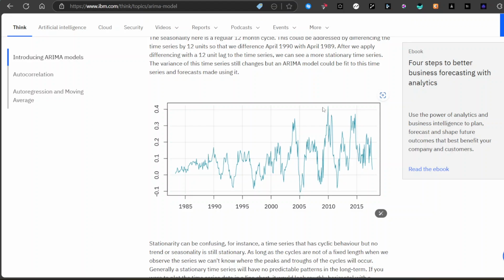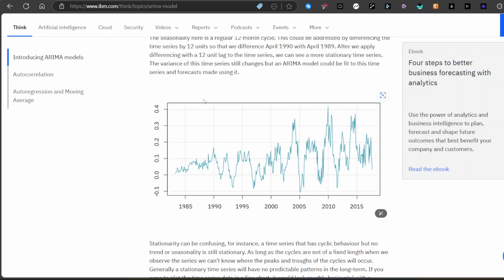Now, next is the integrated component. Remember that we're talking about autoregressive integrated moving average. So we just briefly talked about autoregressive, and then the integrated involves differencing the data to remove trends or seasonal structures, ensuring the data becomes stationary.